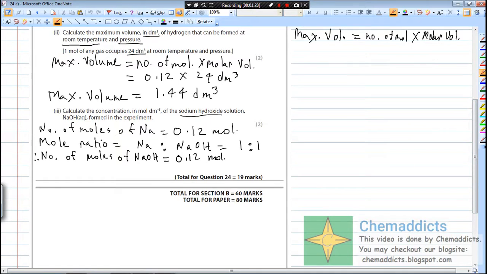So now let us find the concentration in mole per dm cube.